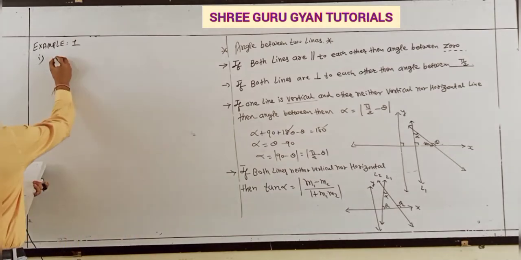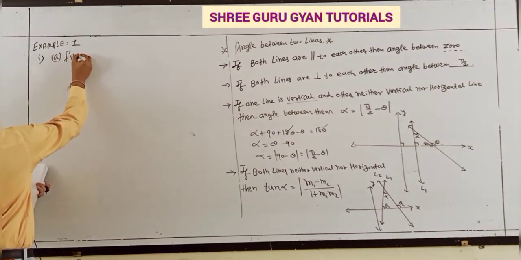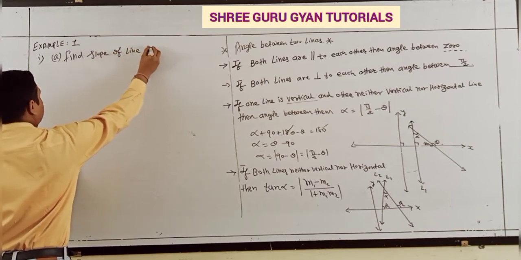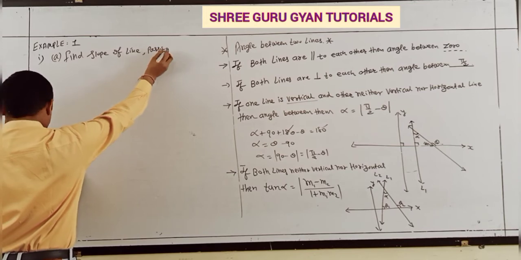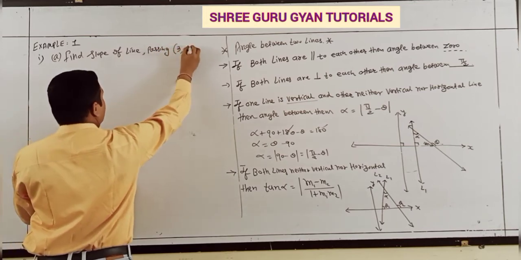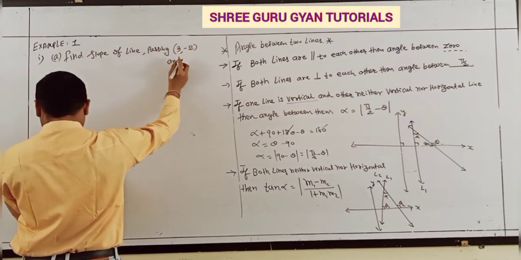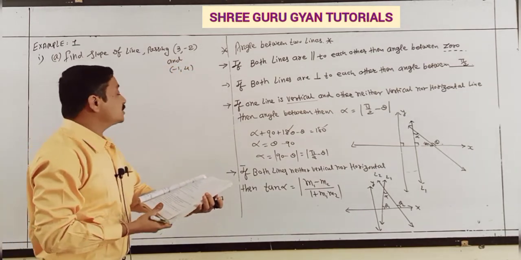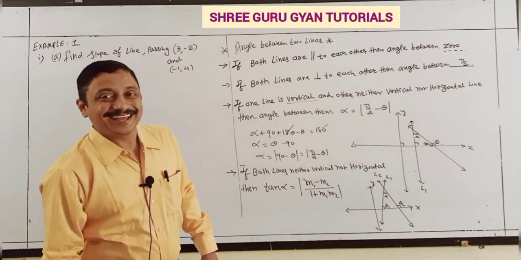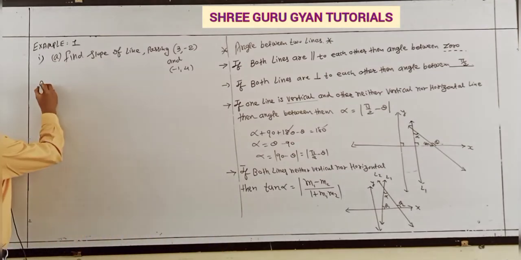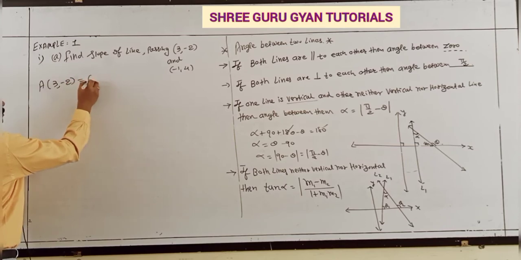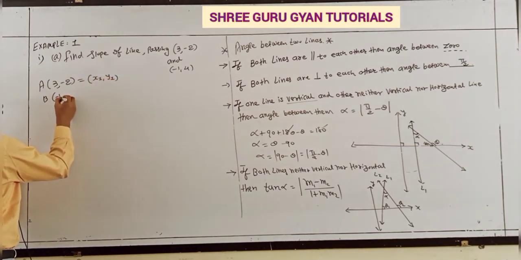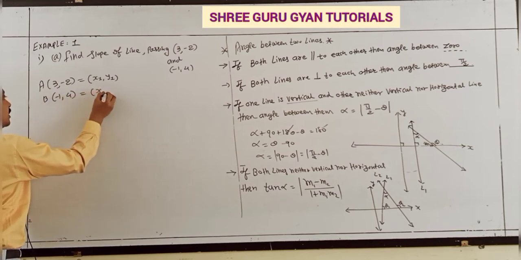First, find the slope of the line passing through 3, minus 2 and minus 1, 4. It's very easy. Consider A as 3, minus 2, which is x1, y1, and B as minus 1, 4, which is x2, y2.